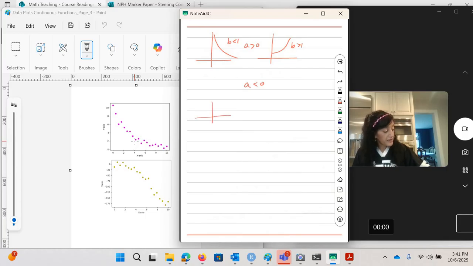It's going to be reflecting it over, so if you've made a picture of this, it would go the other way down. Let's see if I can draw this perfectly.